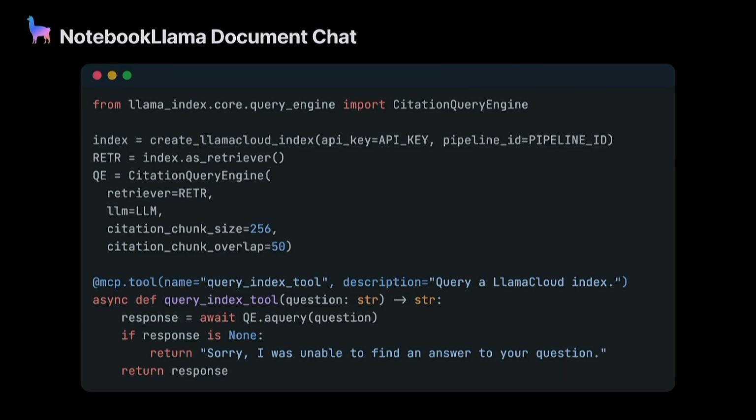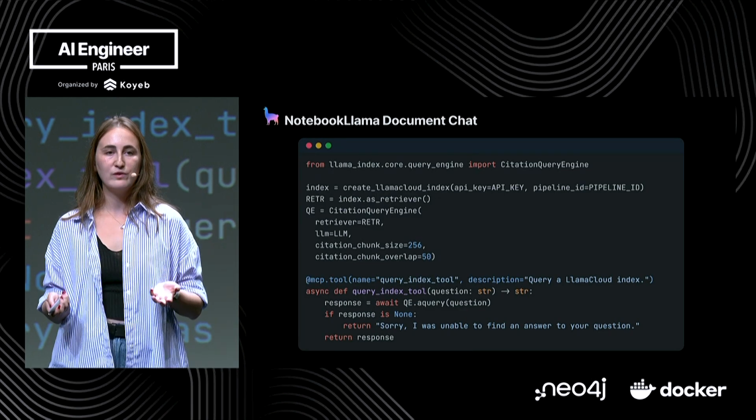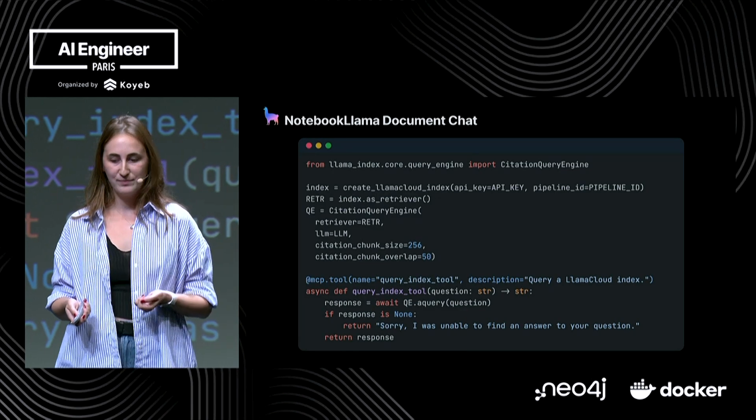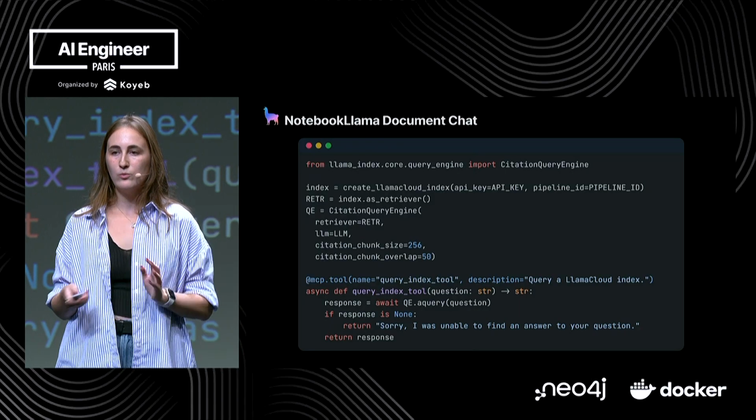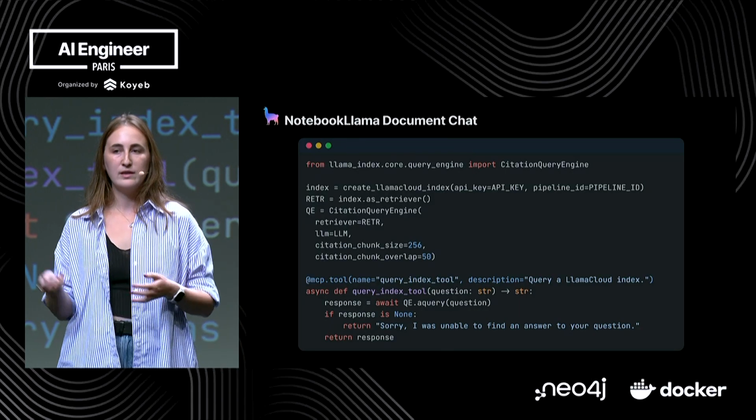But you'll notice here we're pulling in a query engine called Citation Query Engine from the LlamaIndex framework. The LLM is again switchable, and the retriever is our Llama Cloud index. Simply, this tool is run whenever there's a question from a user, and we return the answer to the user in the UI as well.